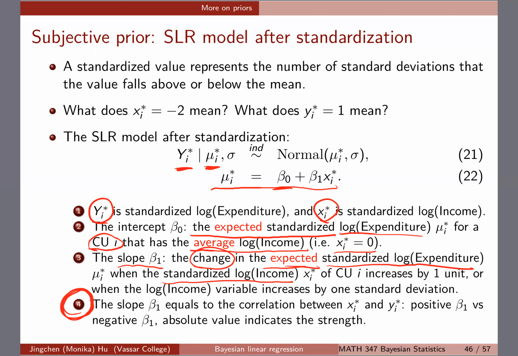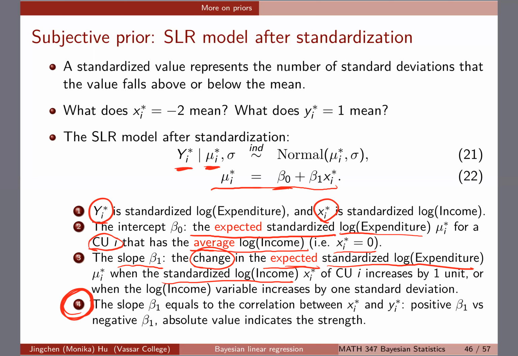You might have seen this before, so we won't derive it in class, but what beta 1, the slope, means is the correlation between the standardized predictor and the standardized outcome. That gives us a lot of power, because if I have a strong opinion about the correlation between the two, I can play with my beta 1.